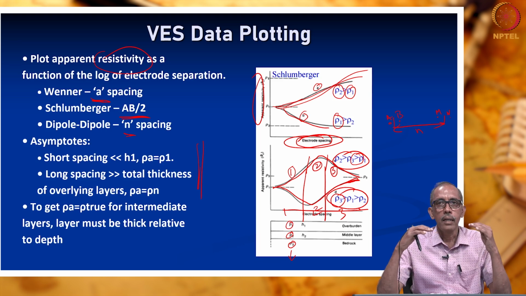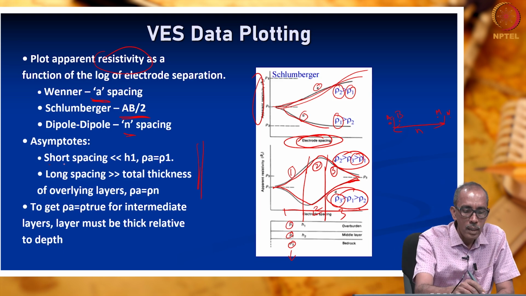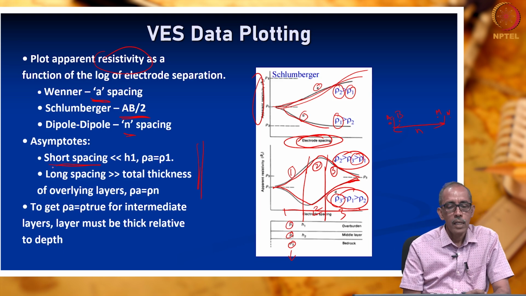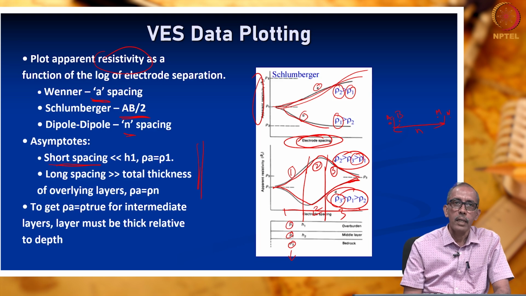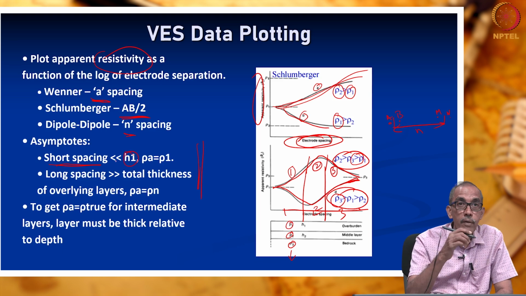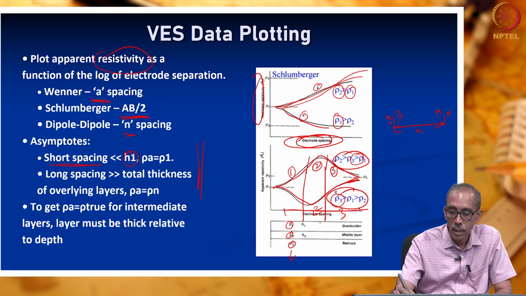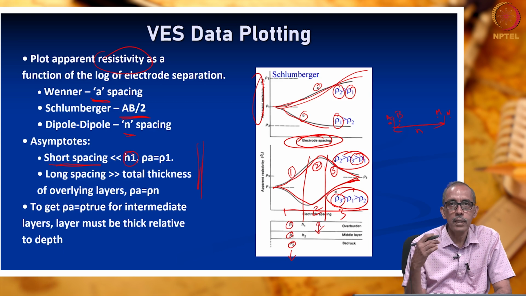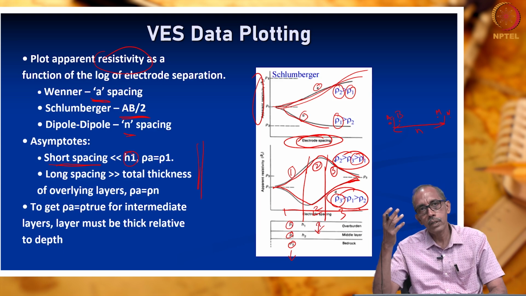And we are able to get these curves because we have progressively increased the spacing between the electrodes. The electrode spacing has to be very small compared to the thickness of the first layer, as we have seen already. Only then will we be able to bring out the first layer.